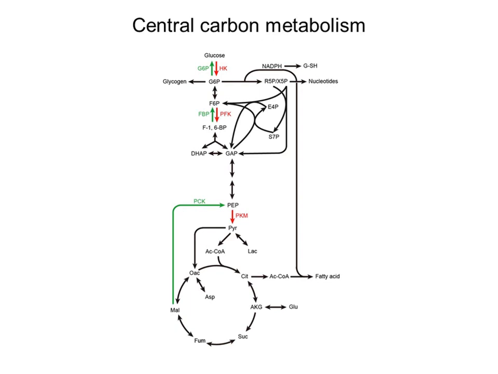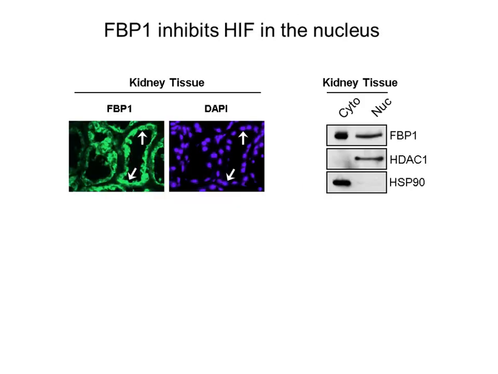Now, this is hardly surprising, but what is surprising is that FBP1 is another example of a metabolic enzyme that has both a daytime job, that is, it has its metabolic activity in the cytosol, but much to my surprise, FBP1 can also be found in the nucleus.